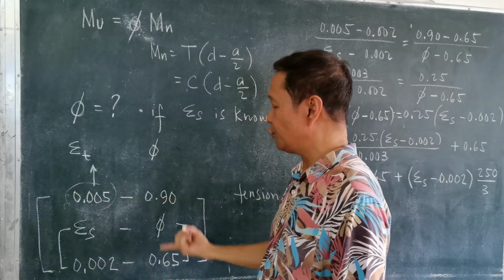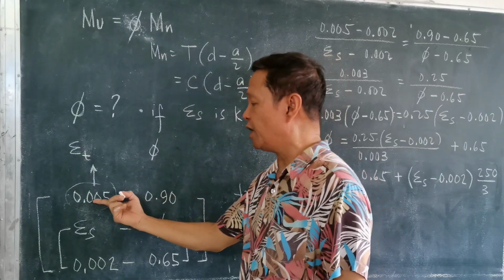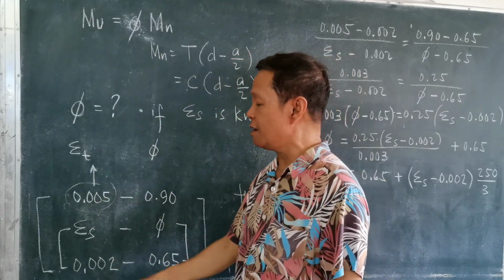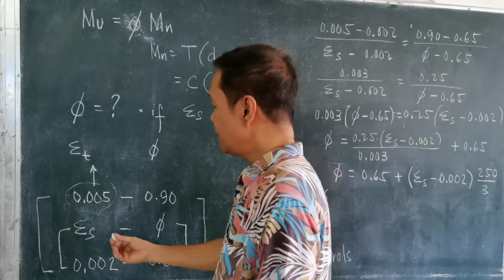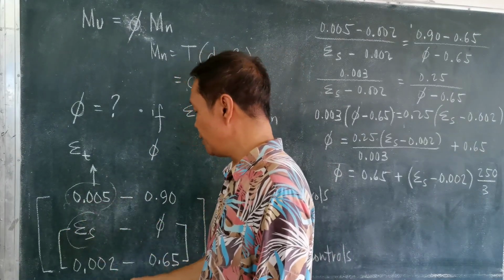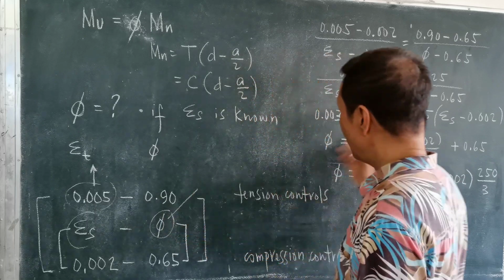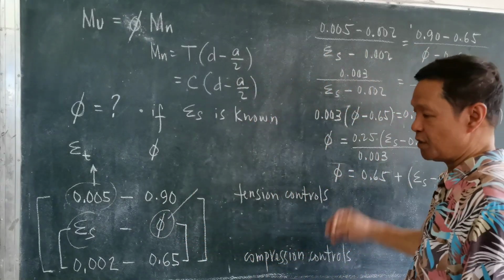But if it is in between 0.005 and 0.002, which is called the transition part, then if your strain is between these two, the phi can be computed as follows.